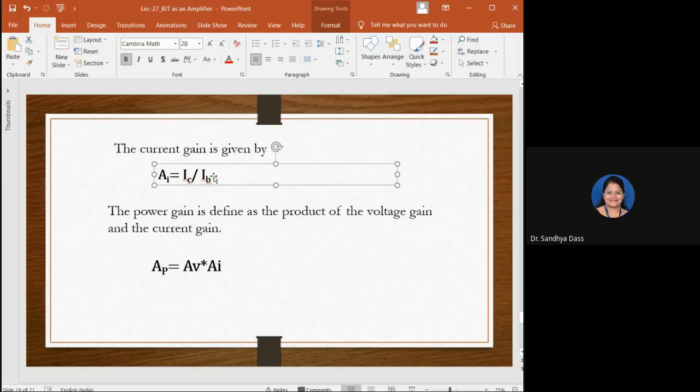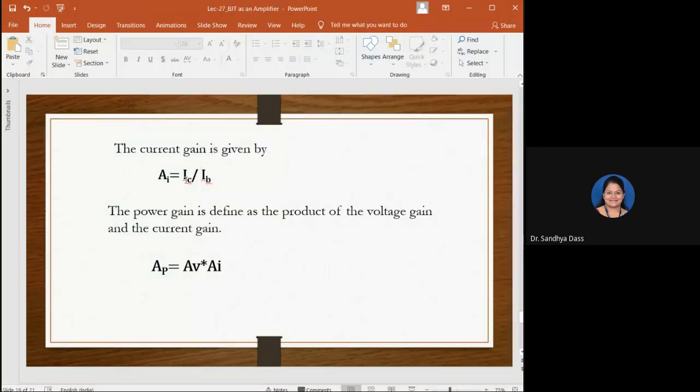So the collector current will always be based on the beta value. Collector current will always be greater than IB, because collector current is equal to beta into IB. So that is your current gain.